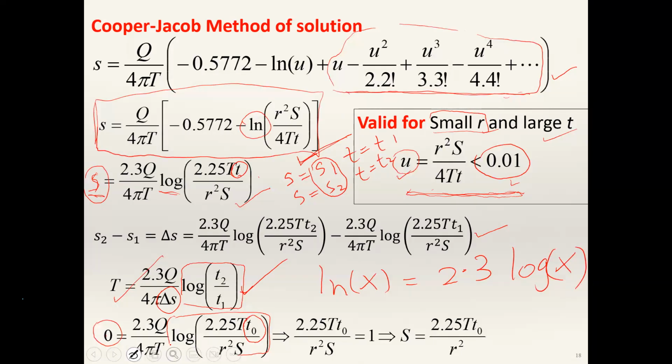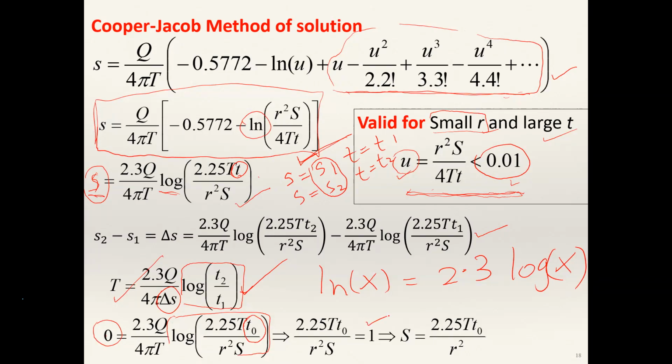So log something is equal to 0 means that something should be equal to 1. What is inside this log should be equal to 1. Log 1 is equal to 0, right? So in other words, this 2.25 capital T T naught over R squared S should be equal to 1.